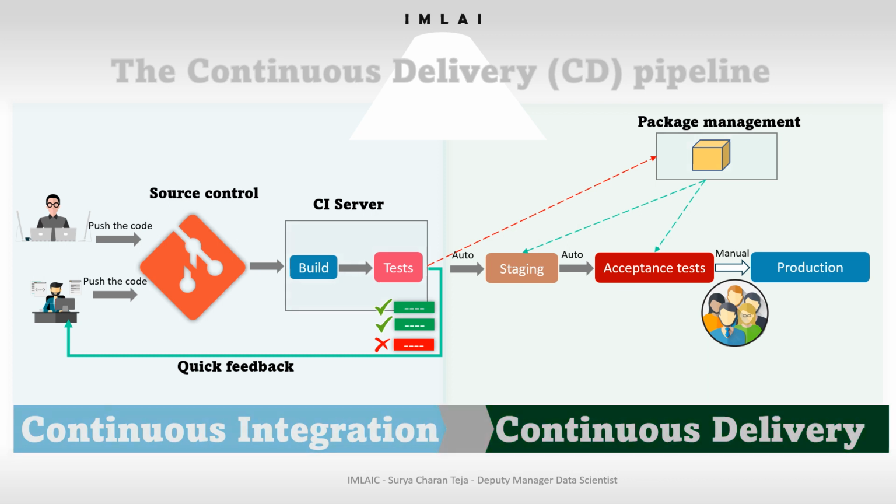It also shows that the package is generated by CI, continuous integration, and is stored in a package manager, and that is the same package that is deployed in the different environments.